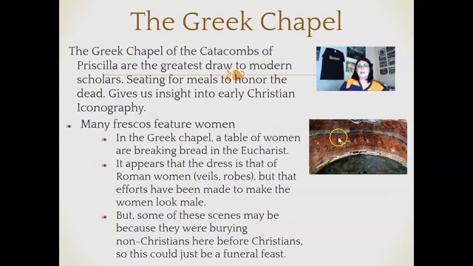Because, for example, this fresco right over here that you can see to the right actually shows a banquet or feast. And based on what is going on, if this is Christian, then the scene that you're seeing here is the Eucharist, or basically the Last Supper or communion, where women here are involved in the breaking of the bread and the pouring of the wine.